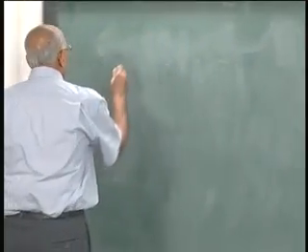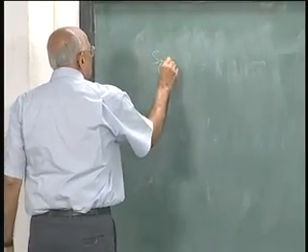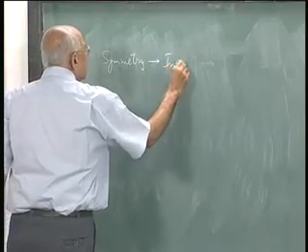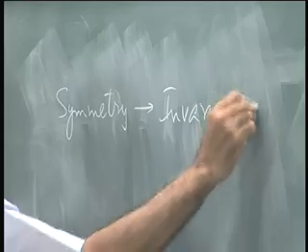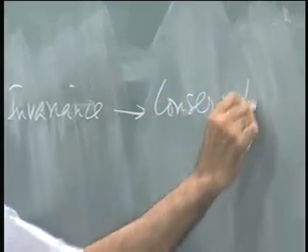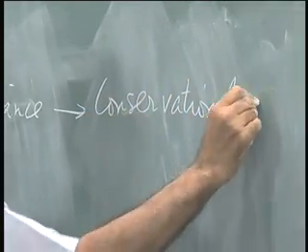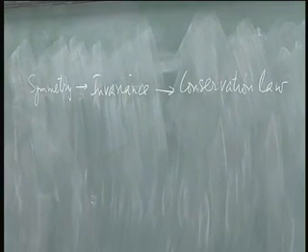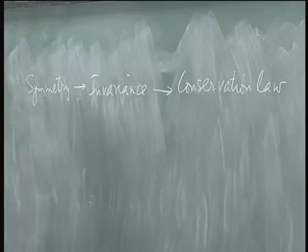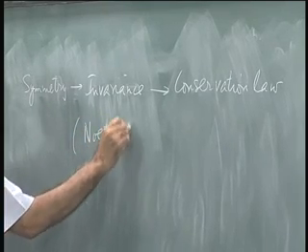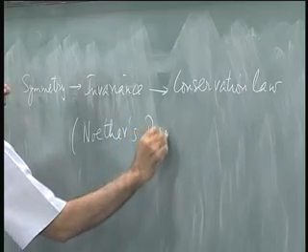So the connection in fact is you identify a symmetry that leads to an invariance that leads to a conservation principle. It is a crucial thing in all of mechanics, all of field theory, and all of physics itself, and we will explore this connection, and it is summarized in something called Noether's theorem.